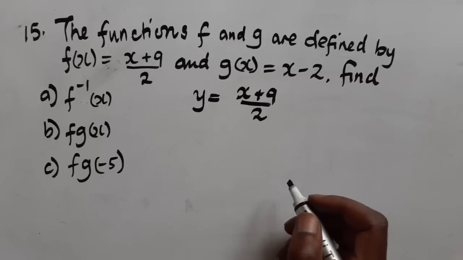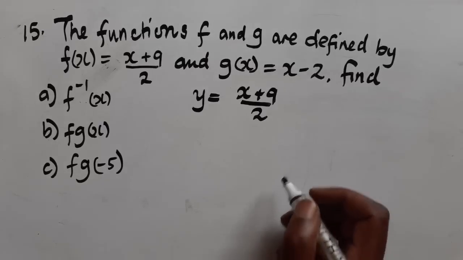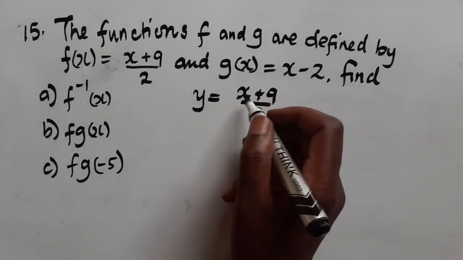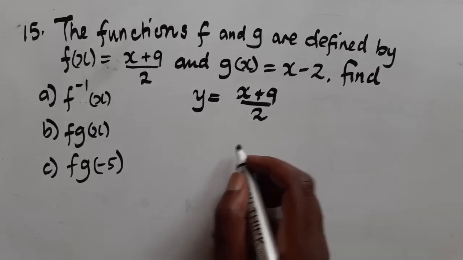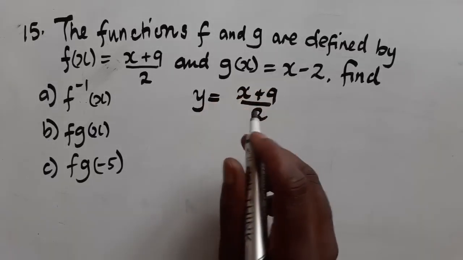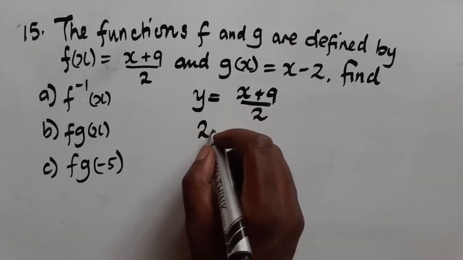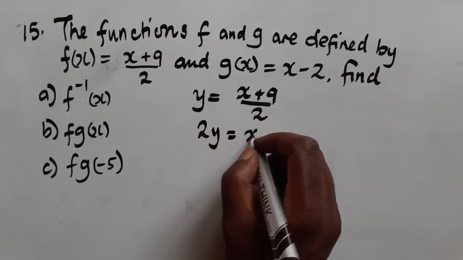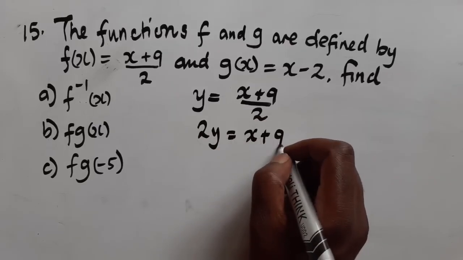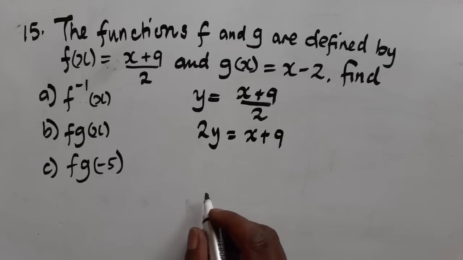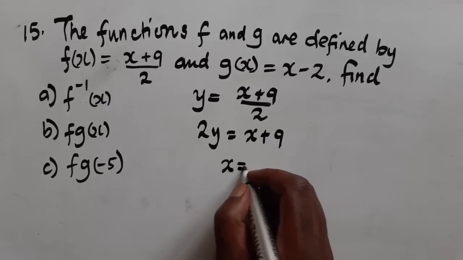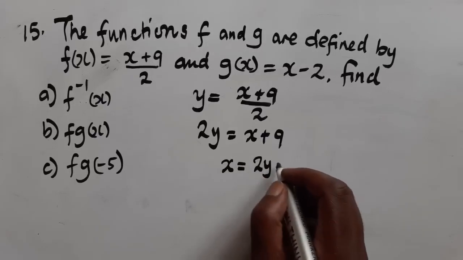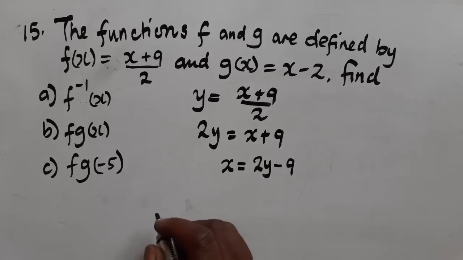At this point, you solve for x. In other words, you make x the subject of the formula. By doing what? You cross multiply, you're going to have 2y equals x plus 9. So what are we going to get as x? So x will be equal to 2y minus 9.